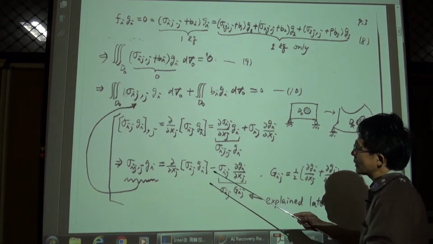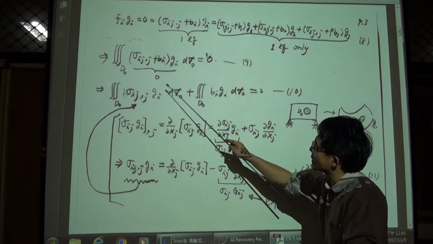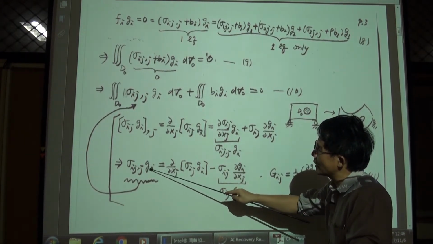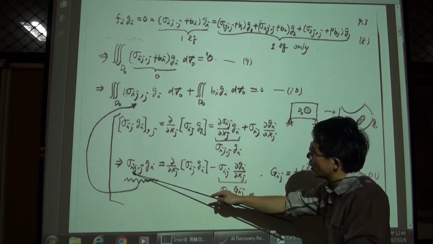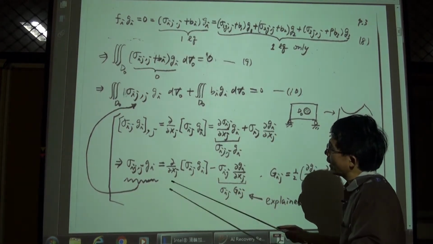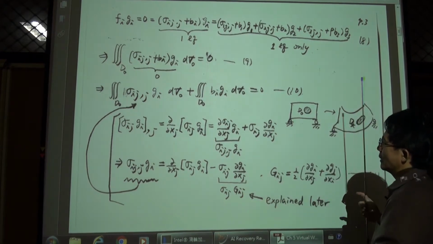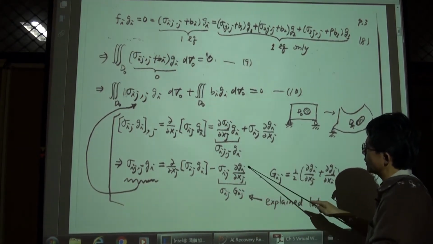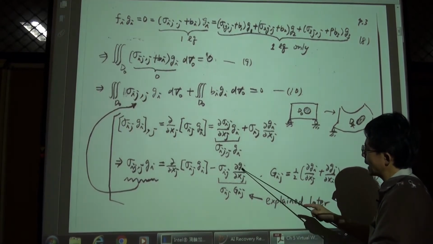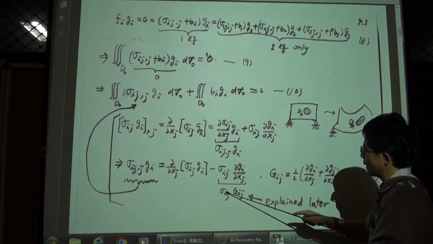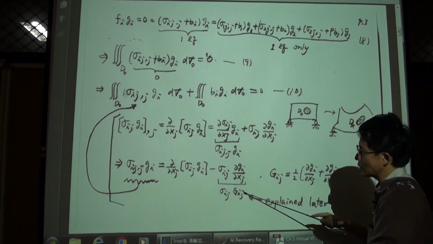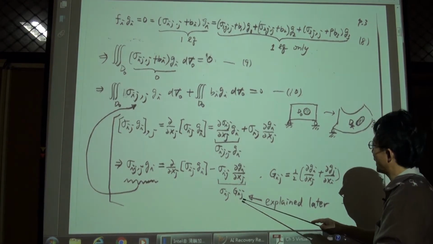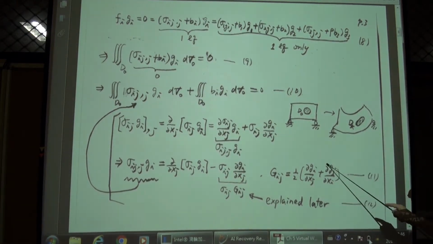Now, see this one, it is just this term. I am doing a rearrangement of this term. Let me show you here. This term is written here, and this term can be expressed as sigma ij, gij, big G. Big G is defined by this relation.